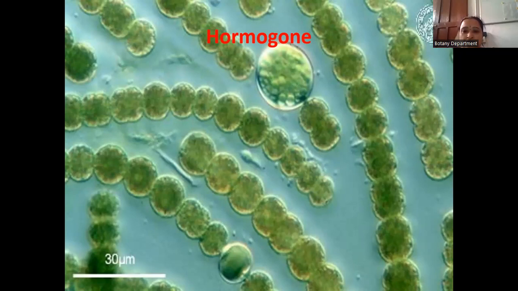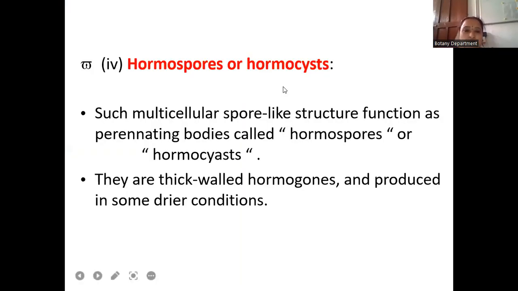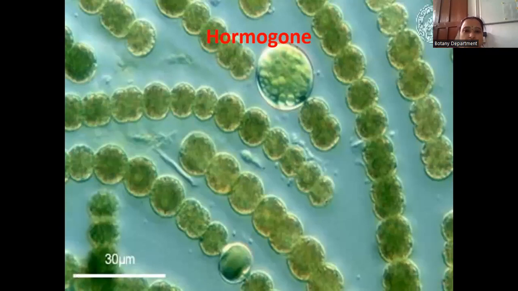In this part you can observe the hormogonium, where the cell size is very large compared to other cells. This cell is converted into the hormogonium, and it produces the new thallus of Nostoc.